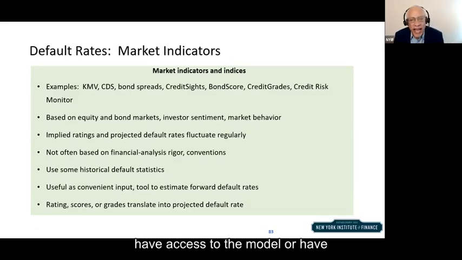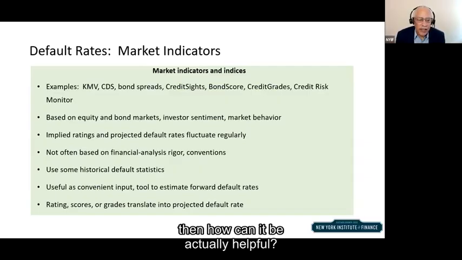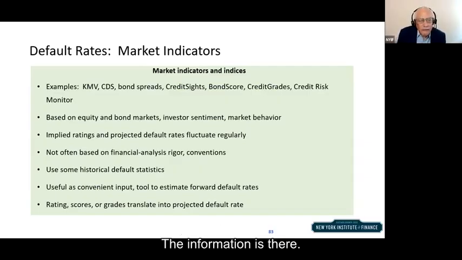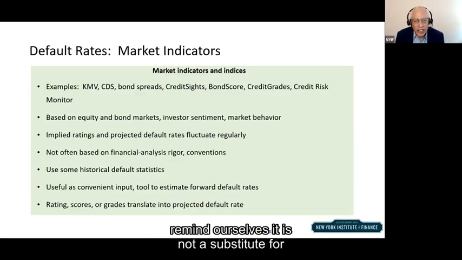To the extent that we have access to the model or have access to updated market data, how can it be actually helpful? So the information is there. Now I want to try to understand how it can be useful, and then remind ourselves it is not a substitute for our own analysis and assessment of risk.